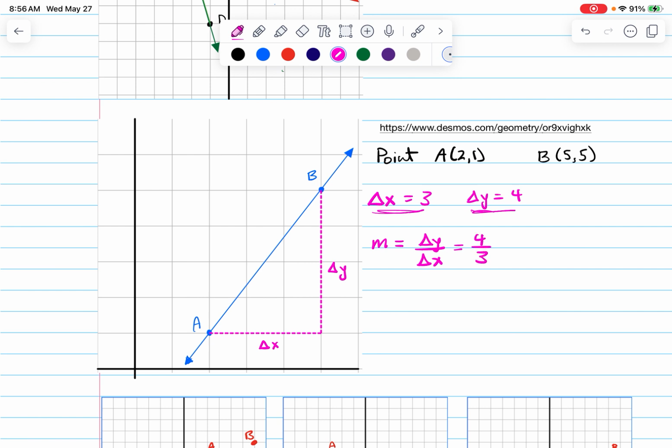In other words, the slope is how much y changes for a given change in x. For every 3 units you go to the right, you go up 4 units vertically. So 3 units to the right, 4 units up, and that's the way it is for every point. We call that the slope. This is the slope.